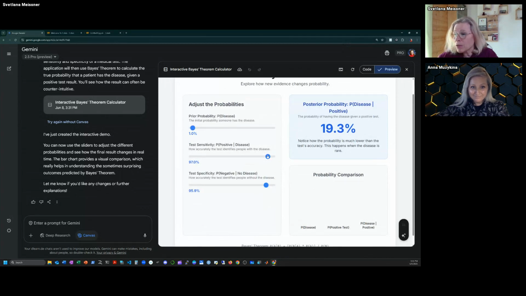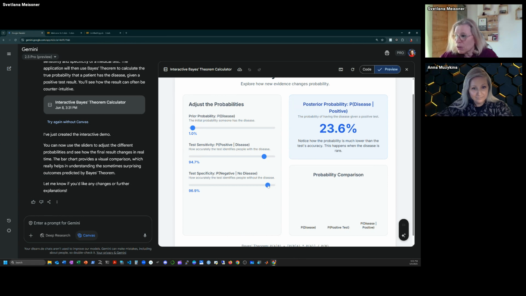We've got 1% there. Then the probability for positive in case of disease, we can make a little bit smaller. And then we see an increase in the probability that the person has the disease in case of positive test.